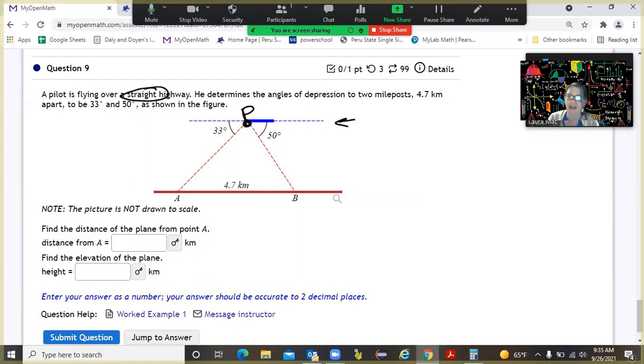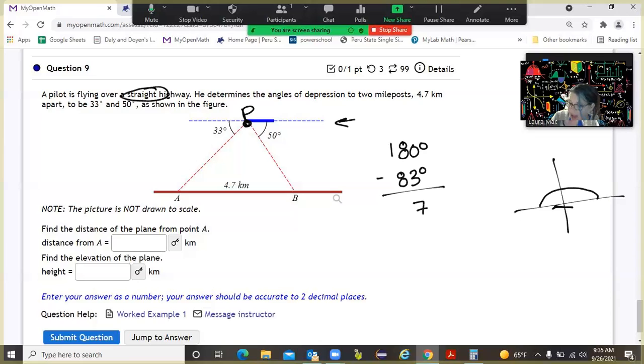Straight lines add up to 180 degrees, right? Think about your axis here. This is 180 degrees, straight line. So if we know we have 33 degrees and 50 degrees, that would add up to what, 83? So if I subtract that, that tells me that this piece here must be 97 degrees, so that they add up to 180.